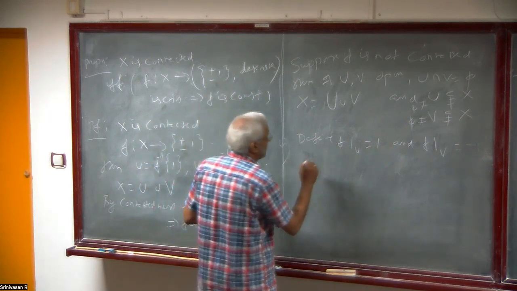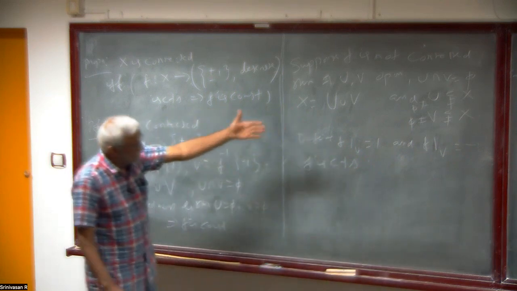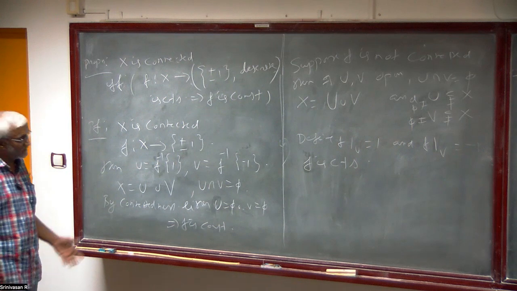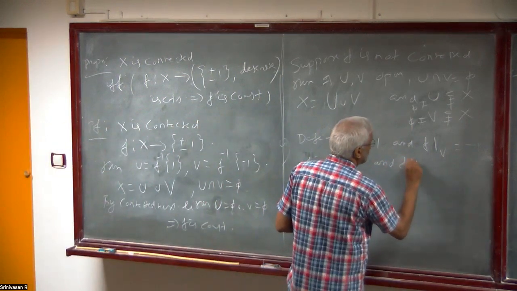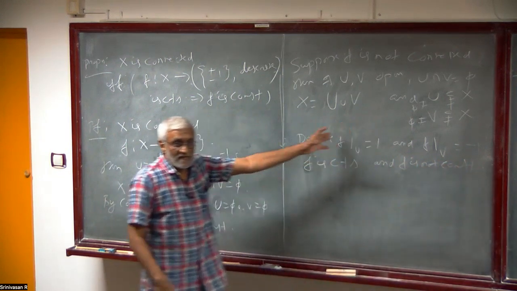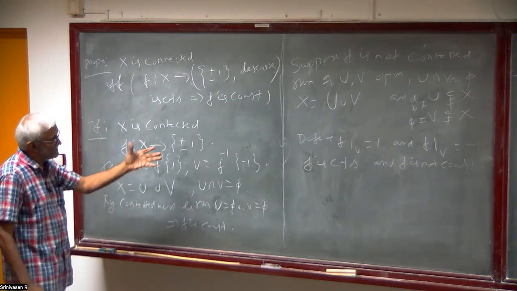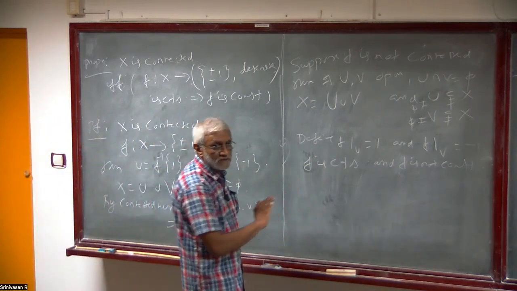The inverse image of plus 1 is U, the inverse image of minus 1 is V, so f is continuous, and it's not constant because they are proper open sets. So this is very easy, but it's a nice criterion. So this is fine.